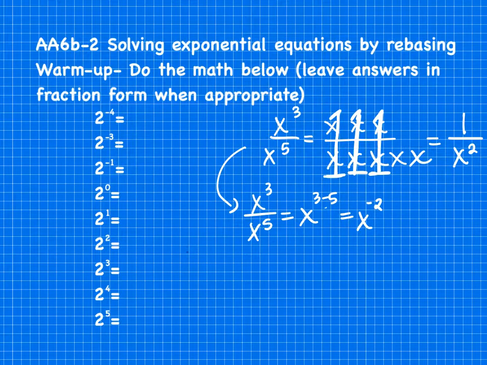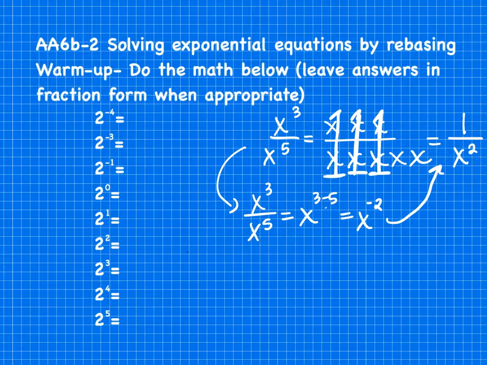Forgot the negative. So the negative exponent rule, basically this is where that stems from. So when I have a negative exponent, it is 1 over the base to the positive exponent. And a lot of people remembered the quotient rule where you subtract the exponents, but they didn't know why that worked.